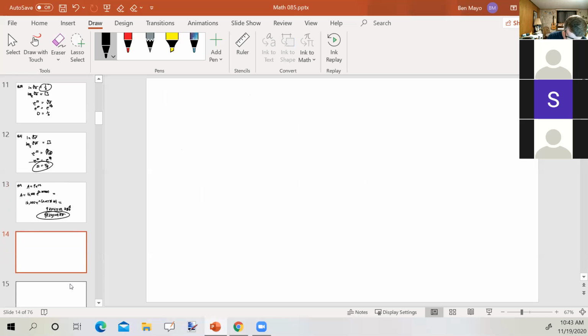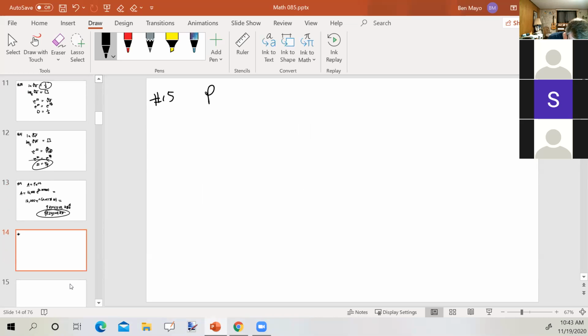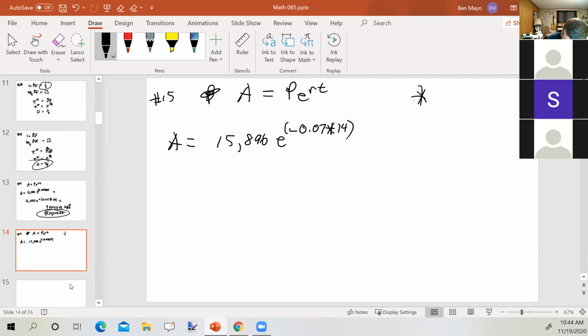All right. Number 15, same idea. Whoops. A equals P times e to the rt. And it says the principal, or the P, is 15,896, e to the negative 7%, so negative 0.07 times 14. The reason I use this for times is because on my calculator, that's how it shows up, but that's times.